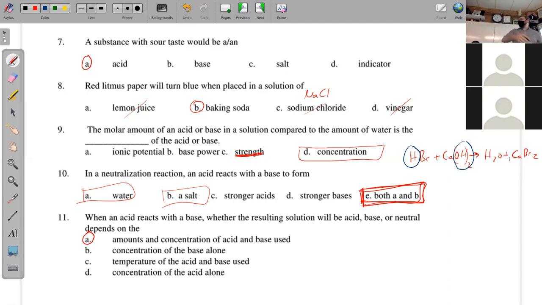If there's more hydrogen than hydroxide, then there's hydrogens left over and the product is acidic. If there's more hydroxides than hydrogens, then the product is a base. And in the titration reactions you did, it's all about whether or not you have the quantities of hydrogen and hydroxide equal.